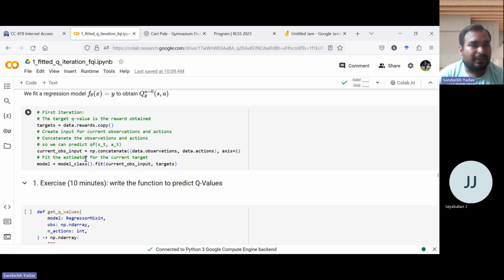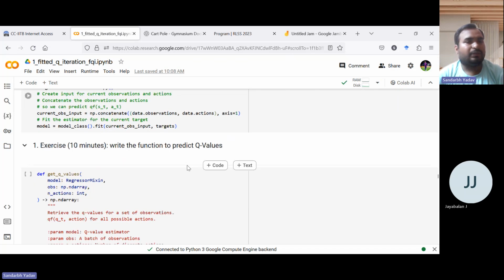Then we are fitting this data. In the model fitting function, you pass the current observations and actions, which you have concatenated. This is the input and this is the output targets. So this is our X and this is our Y. So they are fitting this.